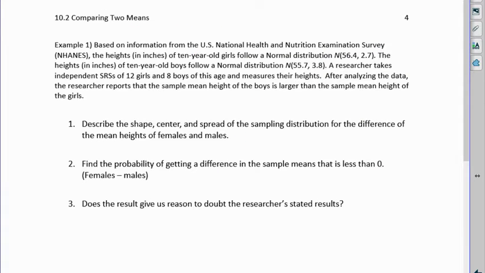Okay, so let's just, based on this information from the U.S. National Health and Nutrition Examination Survey, we've got heights, they're normally distributed. We've got 10-year-old boy heights, they're normally distributed. The researcher is going to take an independent SRS of girls, 12 girls, 8 boys in this age, and examine their heights.